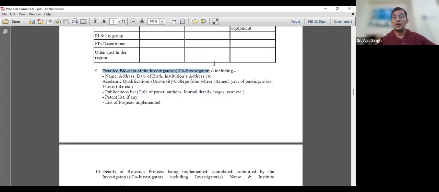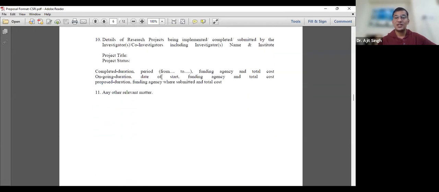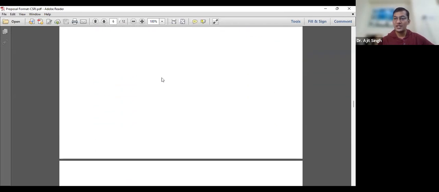Then detailed biodata of the investigators and co-investigators, with name, address, how many publications, list of patents if any, list of projects implemented, academic qualifications, dates of research projects implemented. These things must be mentioned in the technical details.